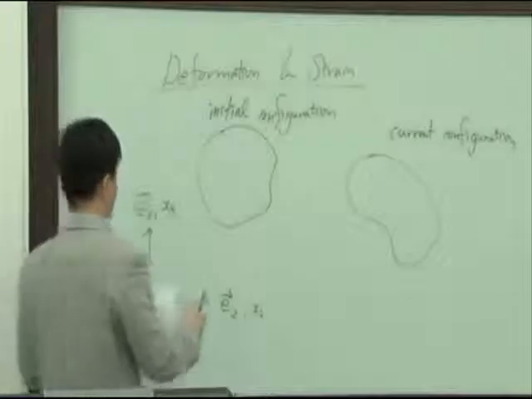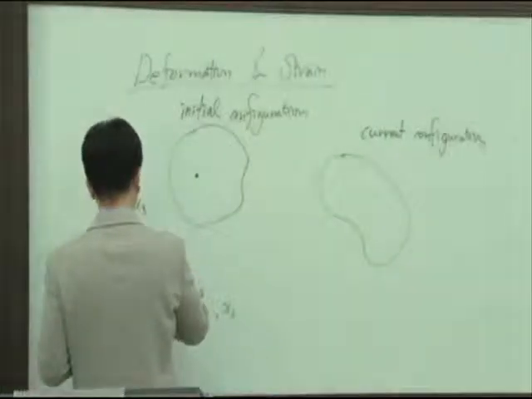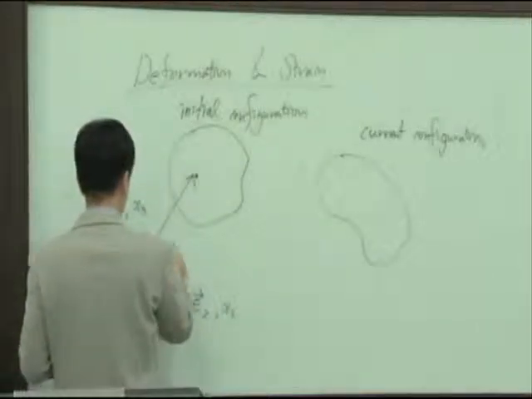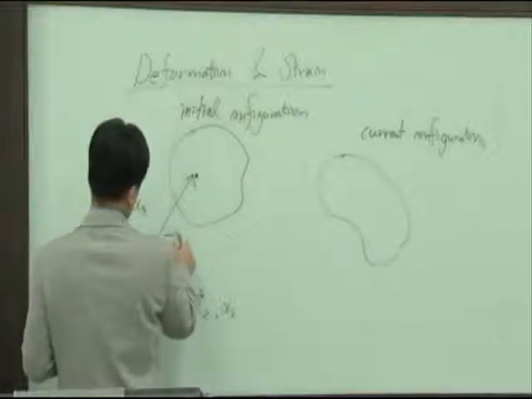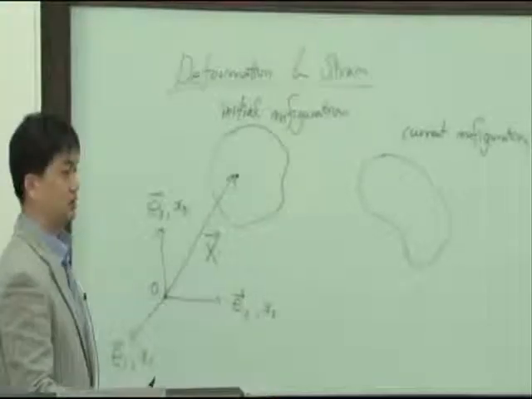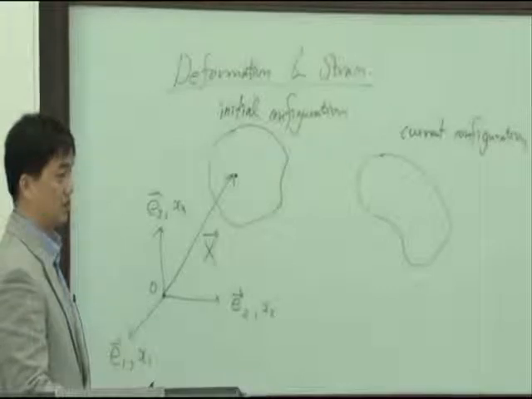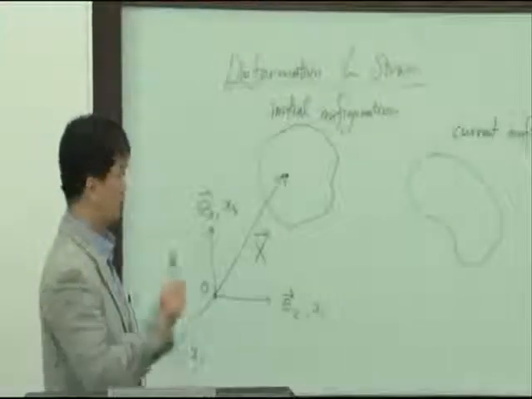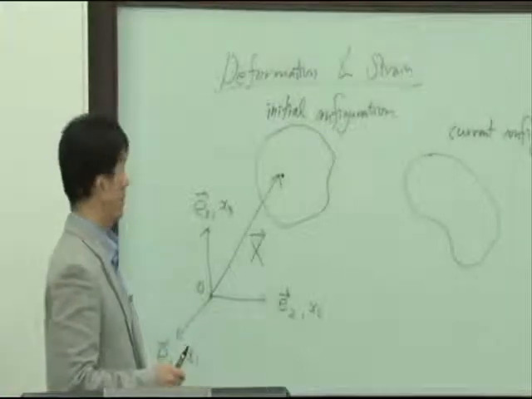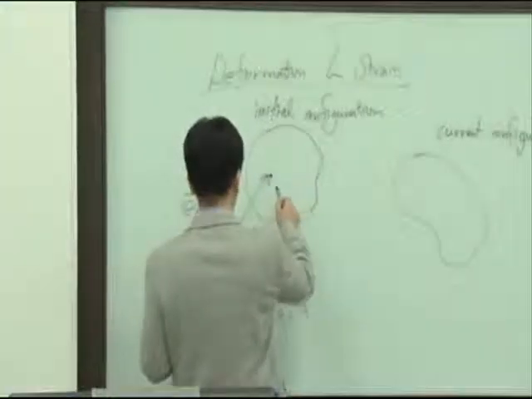So let's say there's a point here, at the position uppercase X. X is a position vector which represents the position of some material point. And this is a material point.